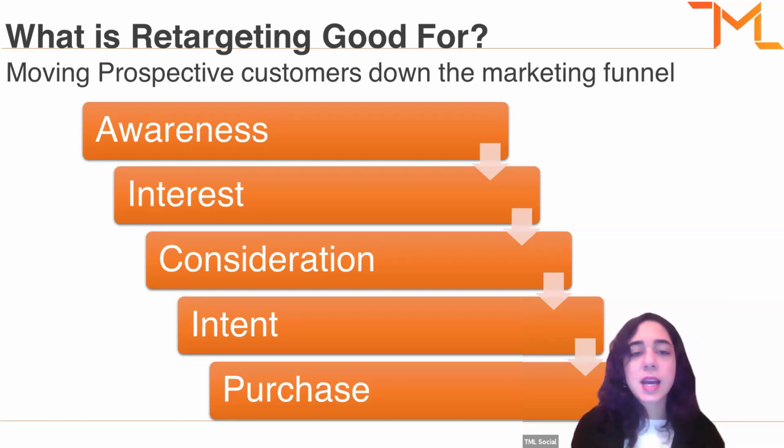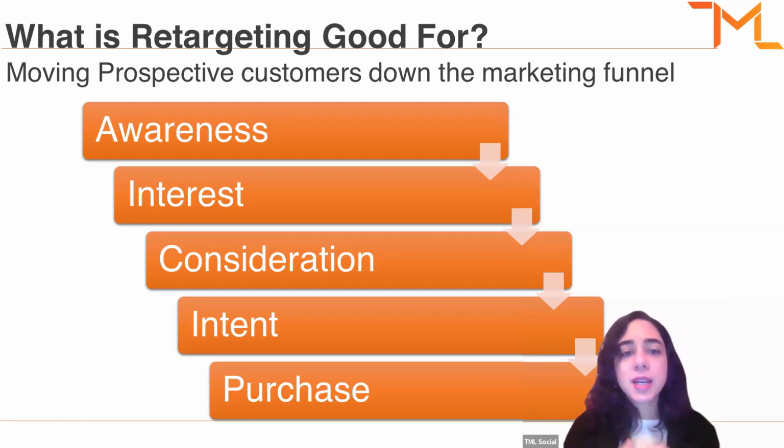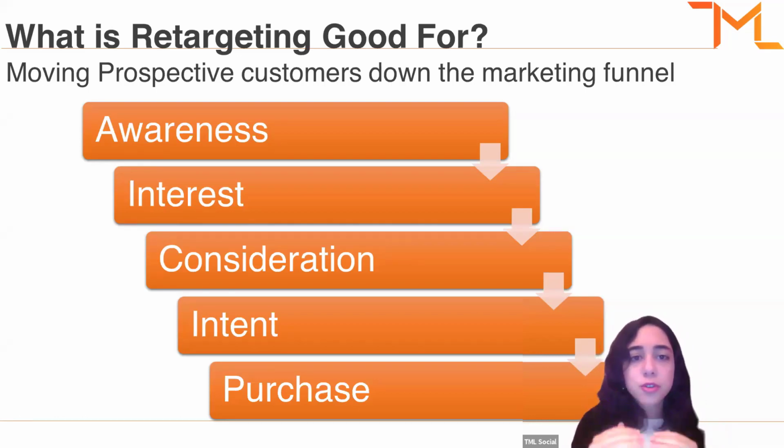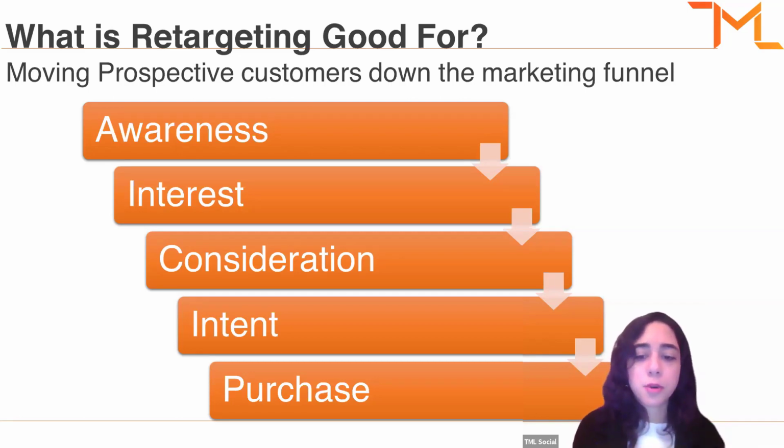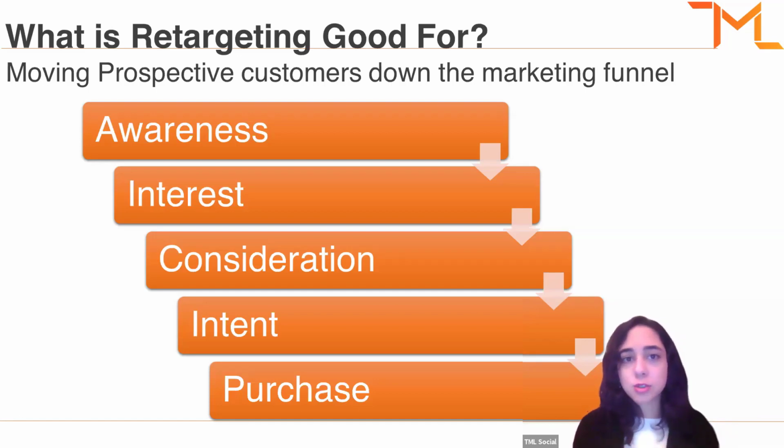And so the entire point of retargeting people is to get them through these steps. Let's say somebody came onto your website and spent a lot of time considering a certain product and then left. How do you get them to at least add this product to cart? That's when you see that same product on ads all over the web or on Facebook. You see the product that you spent your time on.